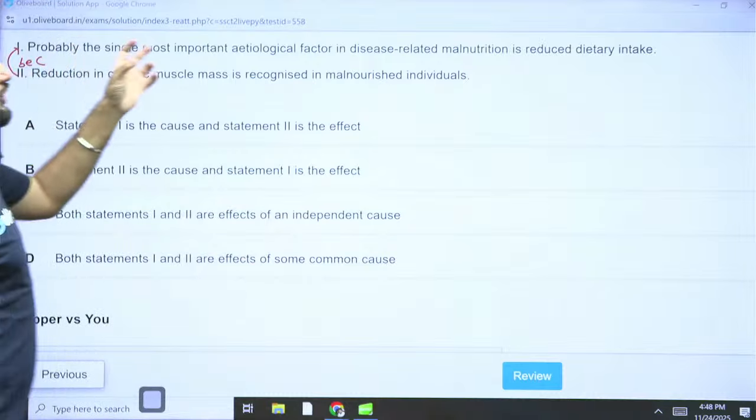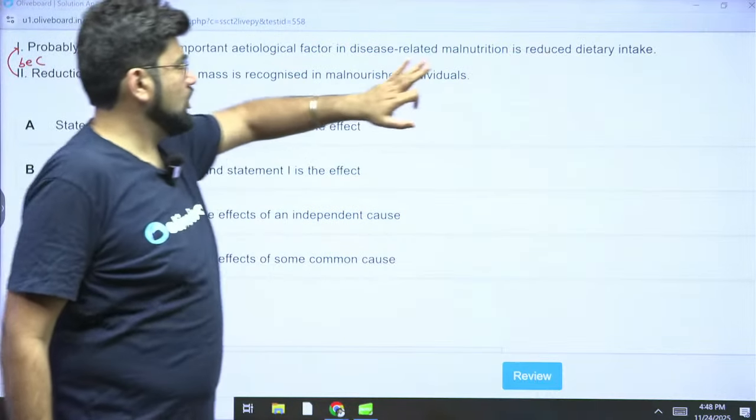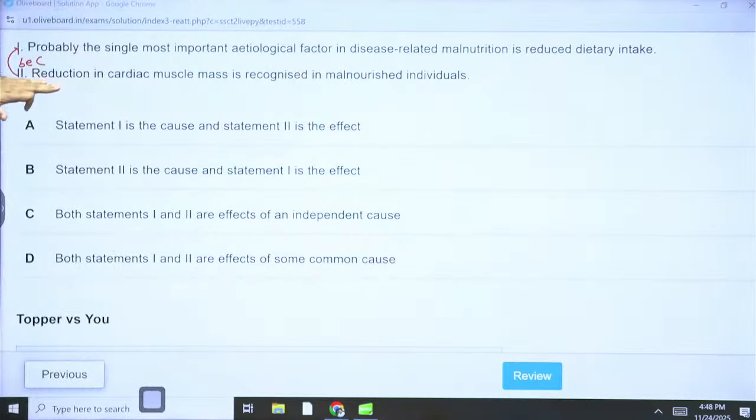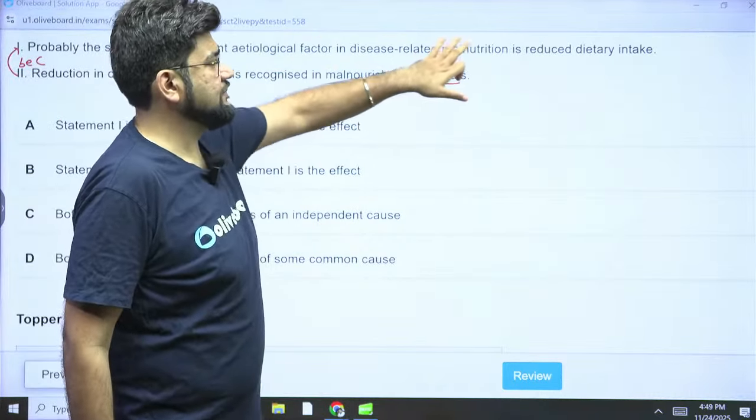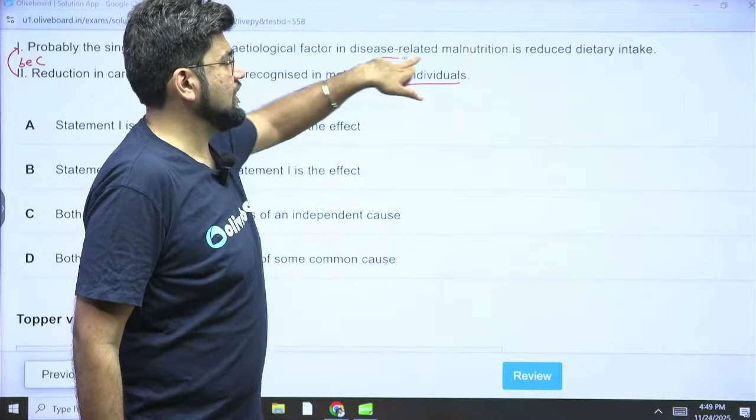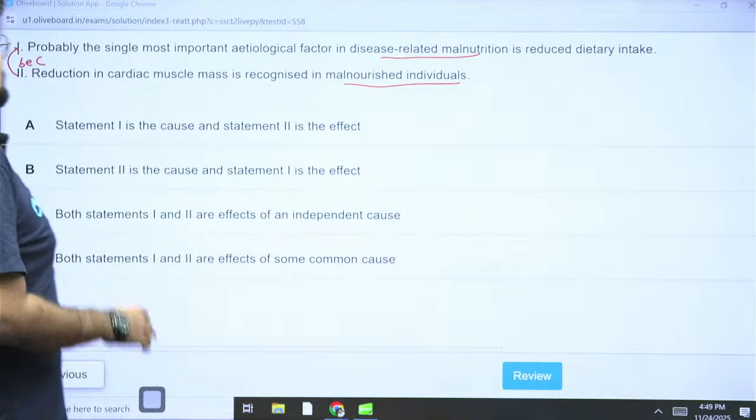So because of reduced dietary intake, people are losing muscle mass, and because we are seeing that muscle mass loss is the primary symptom in malnourished individuals, that means the reason for disease-related malnutrition is reduced dietary intake. So because is making sense here.